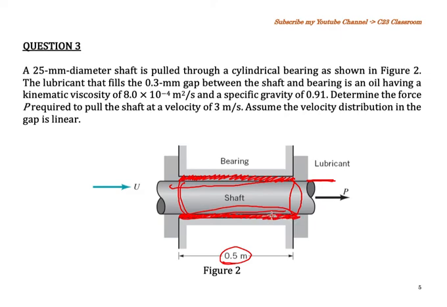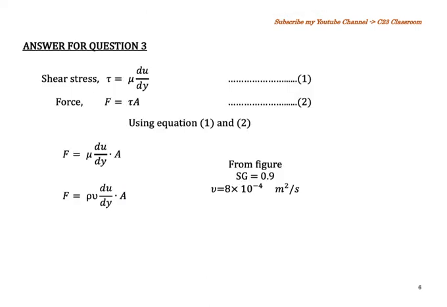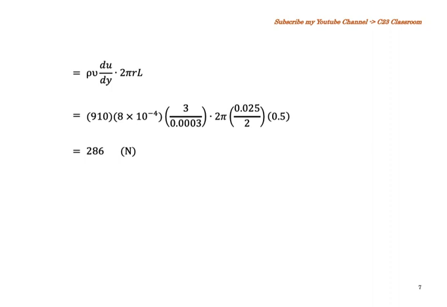According to this diagram, the length is 0.5 meter. So we substitute all the values here, and we get that the force needed to pull the shaft is 286 Newton.